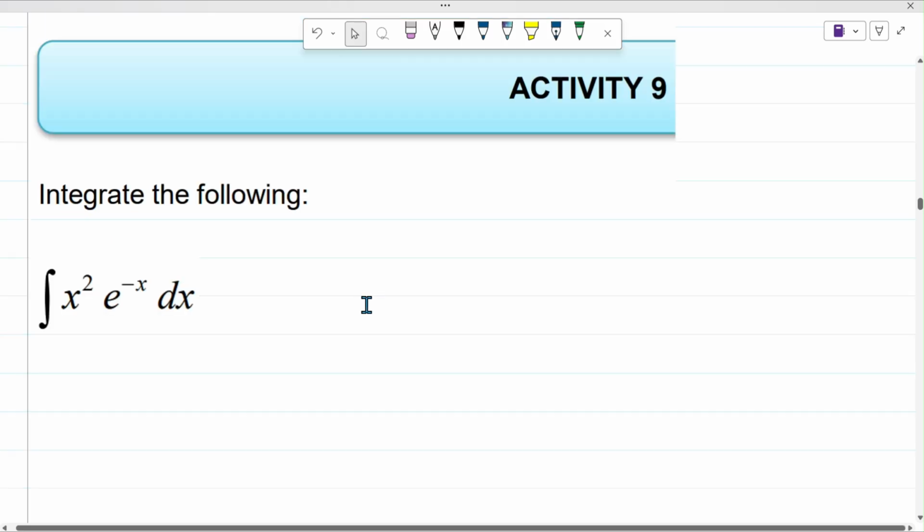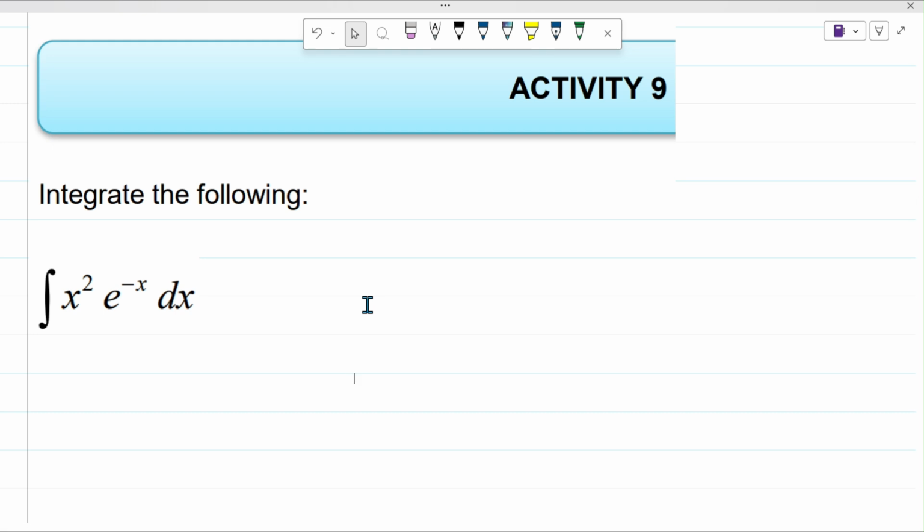All right. Under activity 9, we should integrate the following questions. So we've got different questions, of course. So please, now it's your time to also be writing something. Also be attempting these questions as we move forward, because you have been copying for quite a long time now. It's now time to put in some work as well. So please, guys, take out a piece of paper and a calculator if necessary.